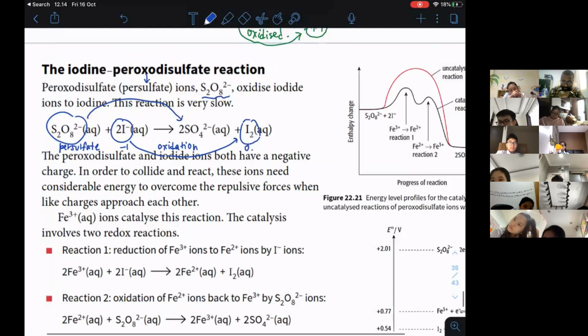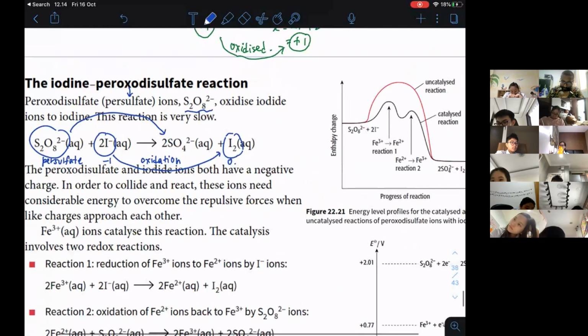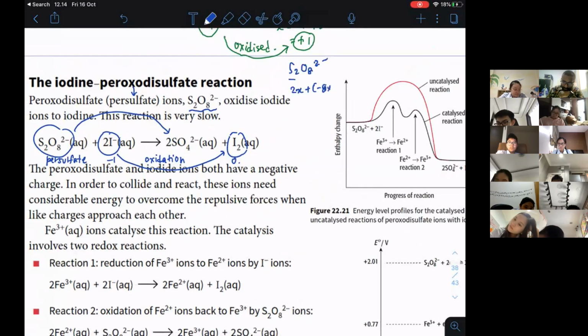S2O8 2 minus: 2x plus 8 times -2 equals -2, so 2x minus 16 equals -2, 2x equals -2 plus 16, and x is going to be +7.